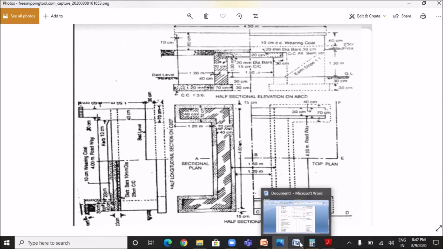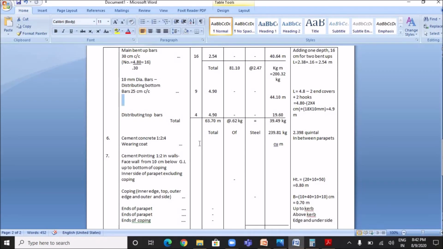So let's quickly fill the table. The number is 1, the length is 4 meter, the breadth is 2.3 meter, and the height is 0.1 meter, and I have already calculated the quantity. It is 0.92 cubic meter.